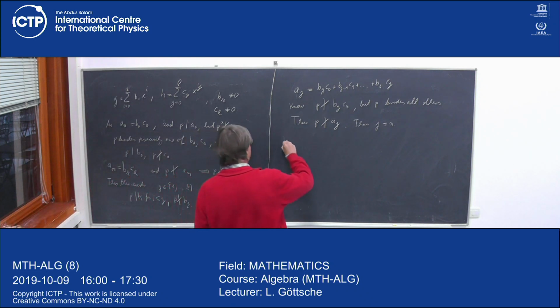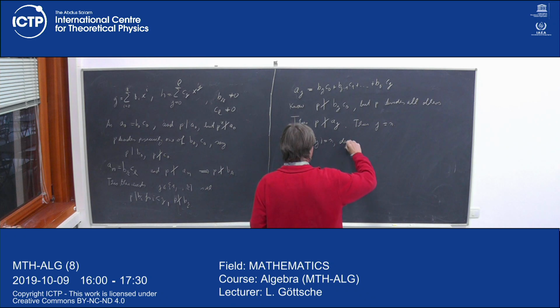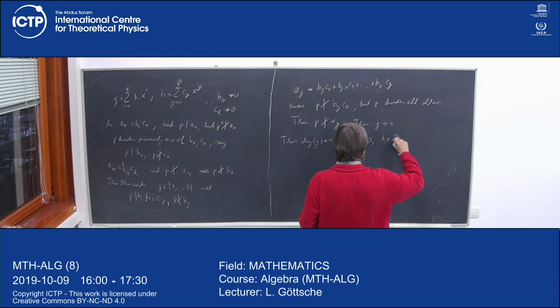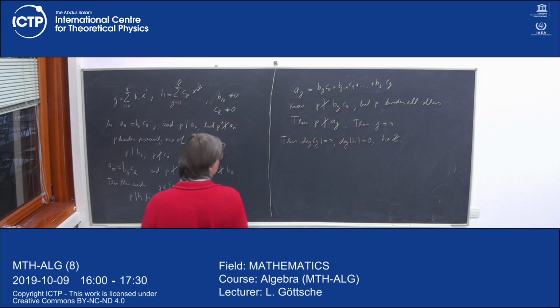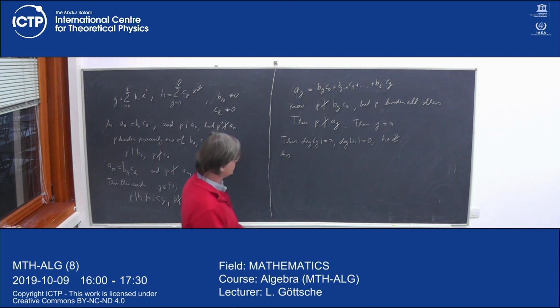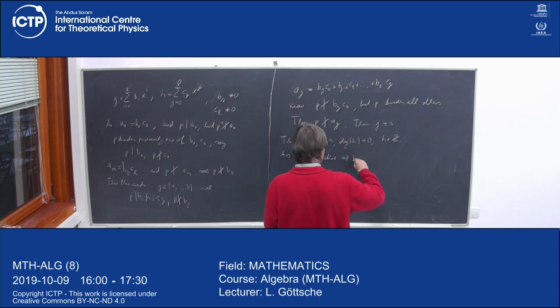Thus the degree of g is equal to n and the degree of h is equal to 0. So h is an element in Z. And as we have assumed that f is primitive, it follows that h must be equal to plus or minus 1.